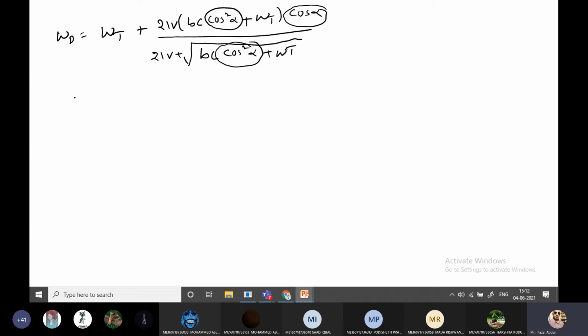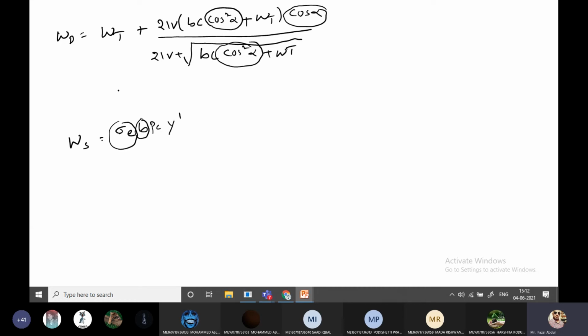Now the second one, the static load acting on the helical gear. How much? Sigma E into B into PC into Y dash. Sigma E is the endurance limit, B is the face width. What is the face width value?